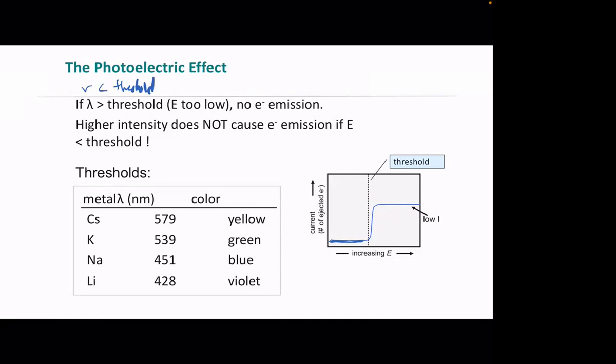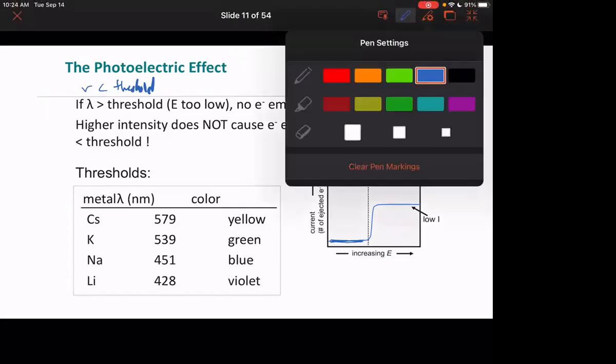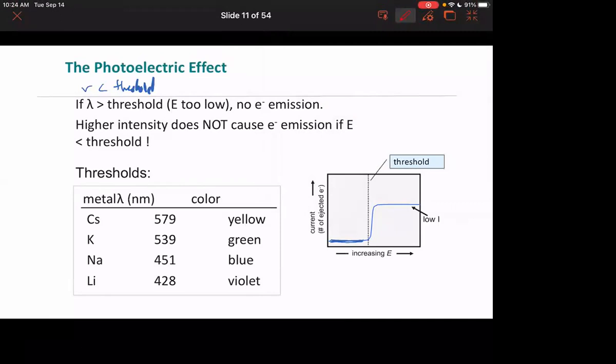So intensity would look like this. Higher intensity, let me draw a red line. This was supposed to be on here, just didn't show up. Would look like this. How would it look? So it's not exactly right.